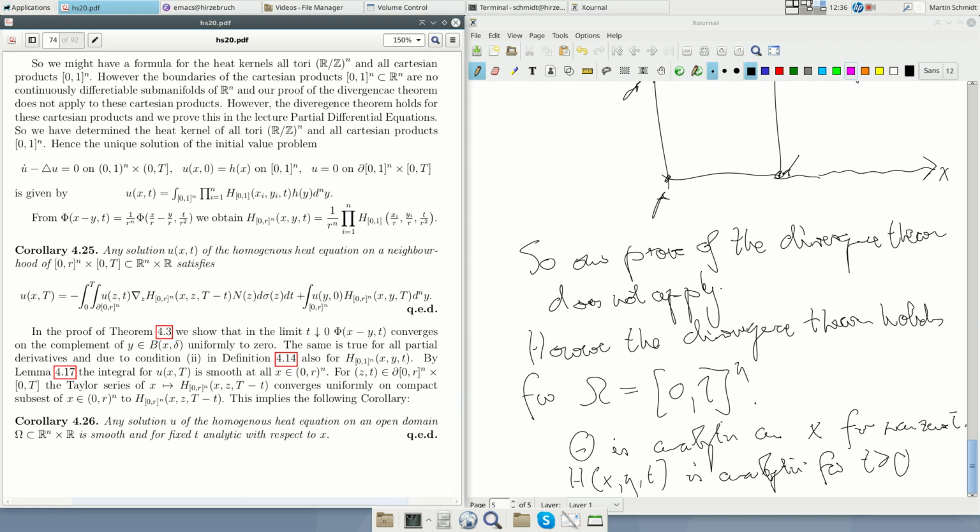This implies that every solution of the homogeneous heat equation is smooth in the interior of the domain and depends analytically on x. So thank you.